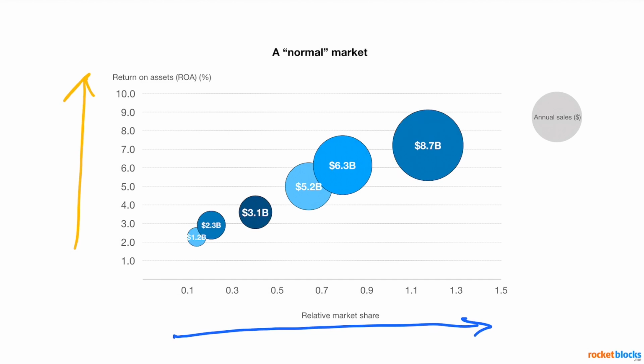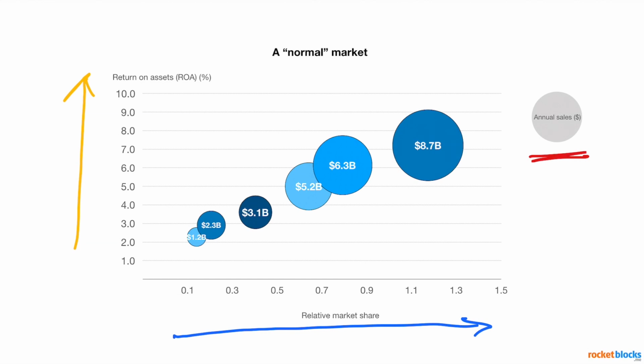The key is you want some sort of profitability measure on the y-axis because you want to understand the relationship between those two variables. Then the third thing we have on this graph is a z-axis, which is the actual size of the bubble itself. And that means that the bigger the bubble is for a particular company, the bigger their annual sales are.